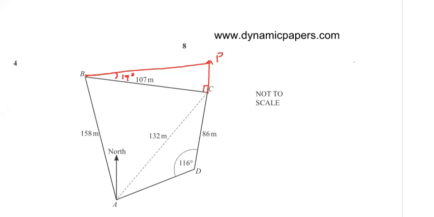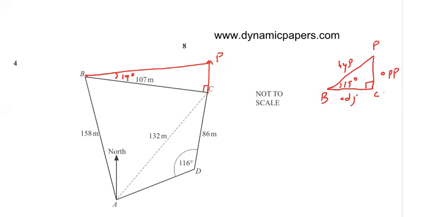If I make this triangle, sorry, BCP, this angle is 19 degrees. So this one is opposite. This is the hypotenuse, and this one is adjacent.